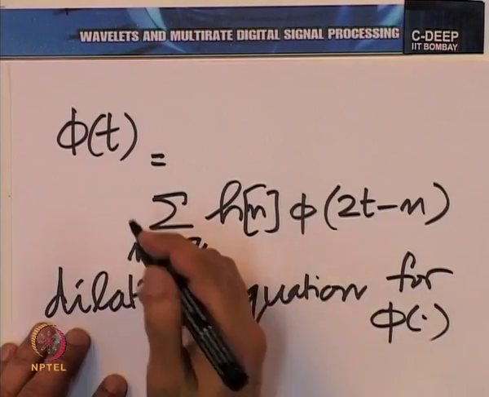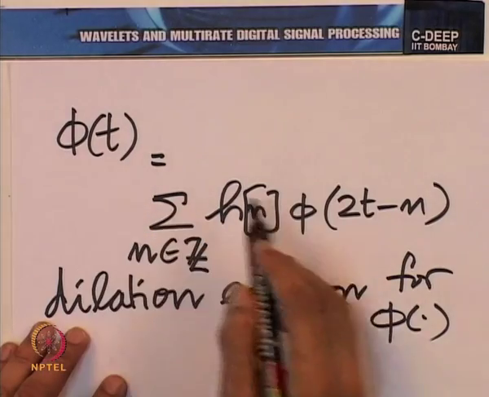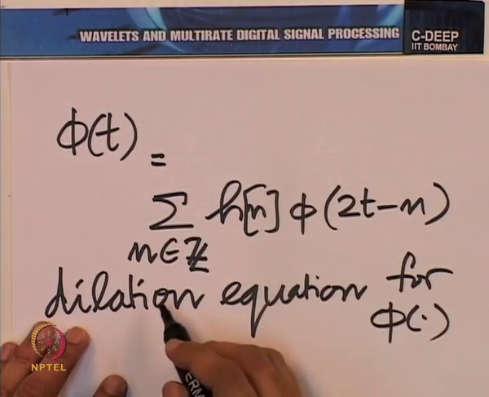I shall in the next couple of minutes only give the strategy for doing so, but we shall actually do this in the succeeding lecture, in the lecture to follow. So, let me put before you the strategy that we are going to follow, and for that purpose let me put down the equations before you once again. So, let us recapitulate the two equations we have written. We have this dilation equation relating phi t to its own dilates and translates.